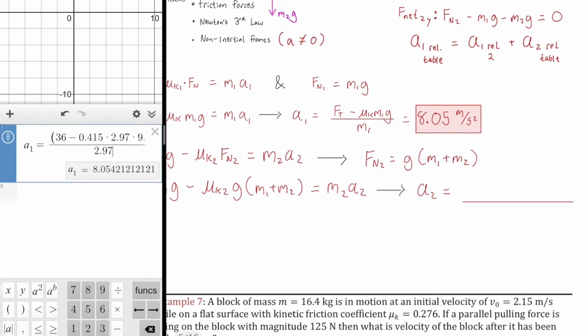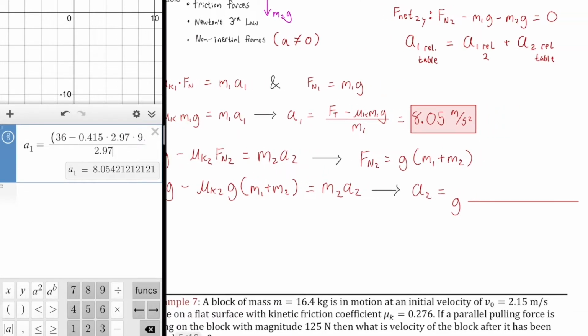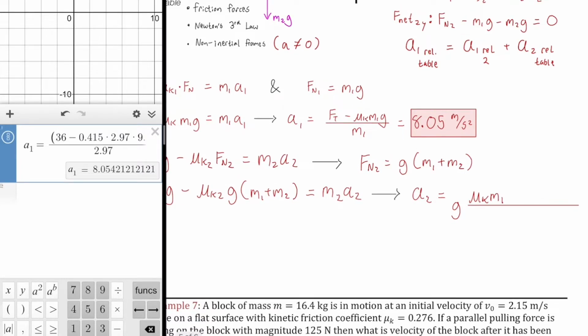Well, certainly the g we could, so I might as well. And then we'll have mu k1 m1, minus mu k2, that's mu k2, times m1 plus m2, and then all divided by m2.